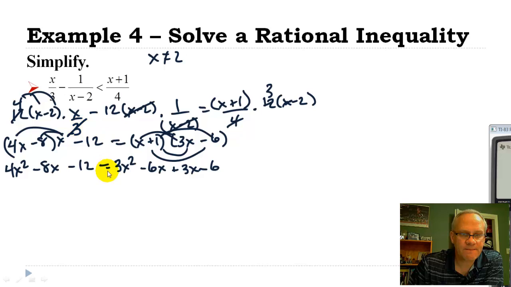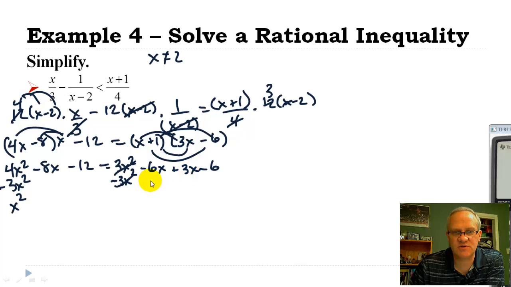So let's see here. Why don't we go with, yeah, let's go minus 3x squared. I'm going to go with that. So these cancel. That leaves me with an x squared. Let me go ahead and combine these here.